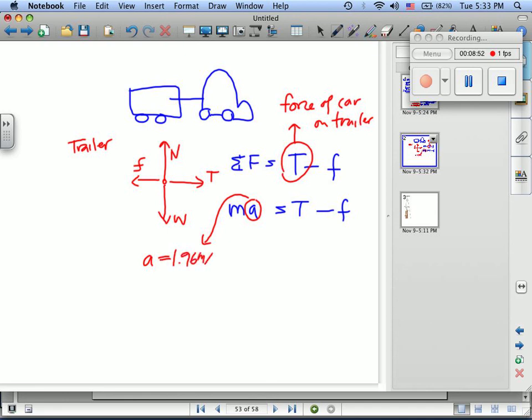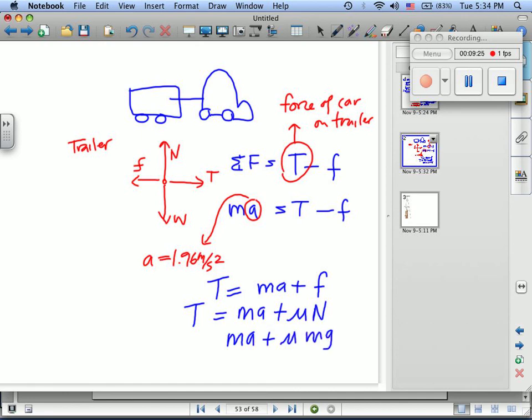So at this point, I'm ready to solve for my final answer. Tension is going to equal mass times acceleration plus friction. Again, remember, I put the negative sign in the first line, so I don't have to worry about adding any negative signs when I put in 9.8. Mass times acceleration. Friction is mu times n, which is going to be simply mu times mg.